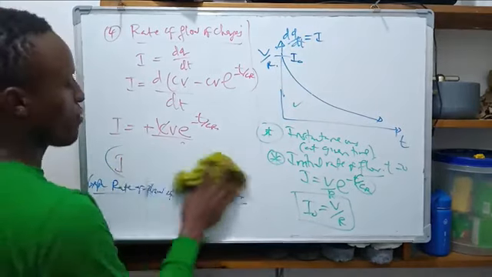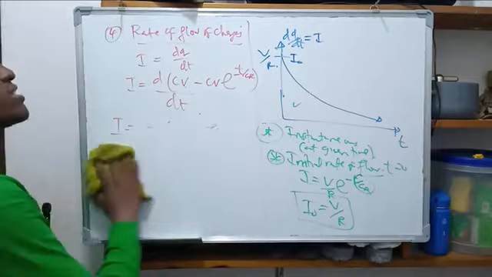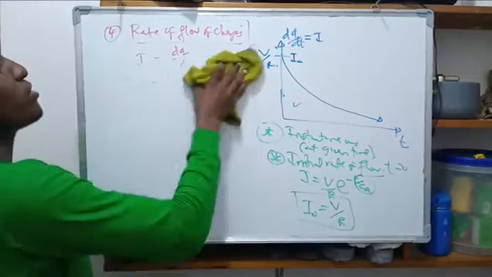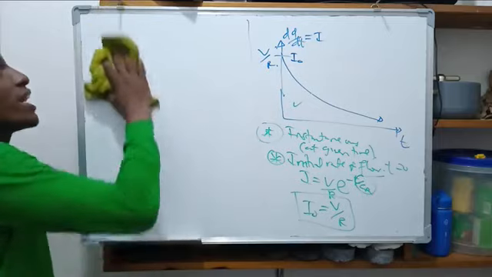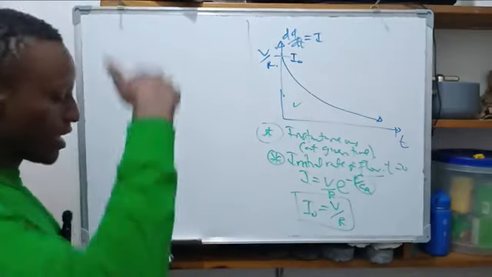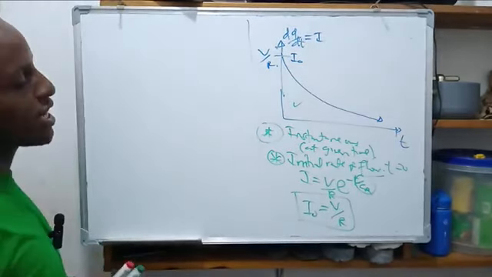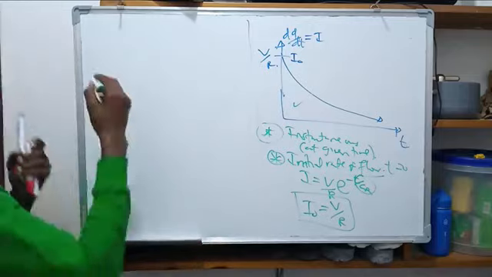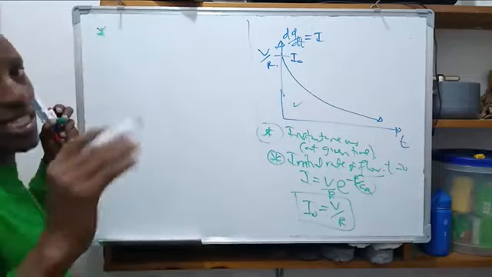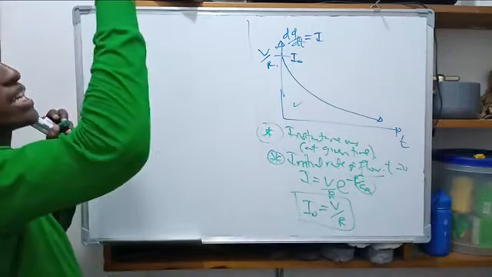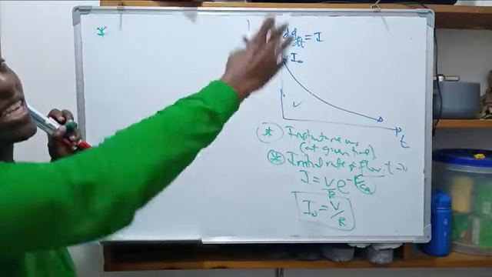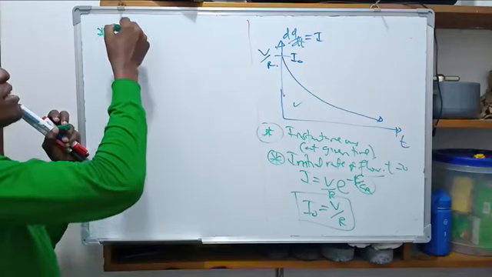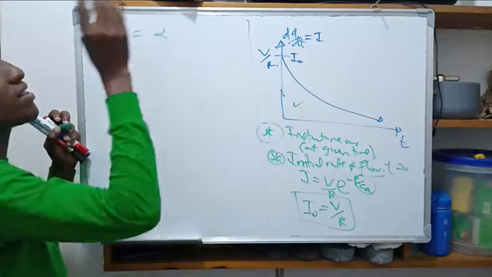What if it is not the initial, but the final, say at infinity, because the capacitor can be charged over a large time? Speaking about case number 3, they can ask you to find the rate of flow of charges at infinity, meaning time is very large.